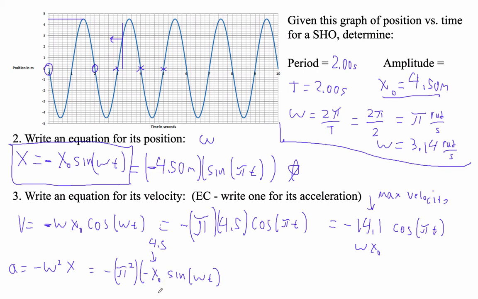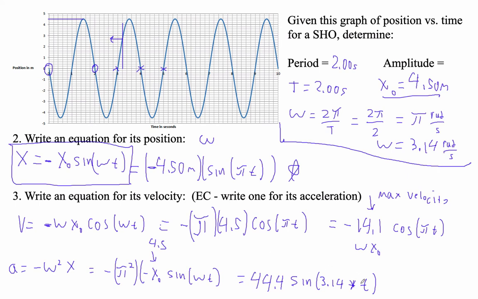So pi squared times 4.5, I get that it's 44.4. Let's see, sine omega t, and omega is pi, right? So we could write it as numbers, right? 3.14 would be pi as a number with 3 sig figs, right? Times t. This would be our formula for what the acceleration is, okay?